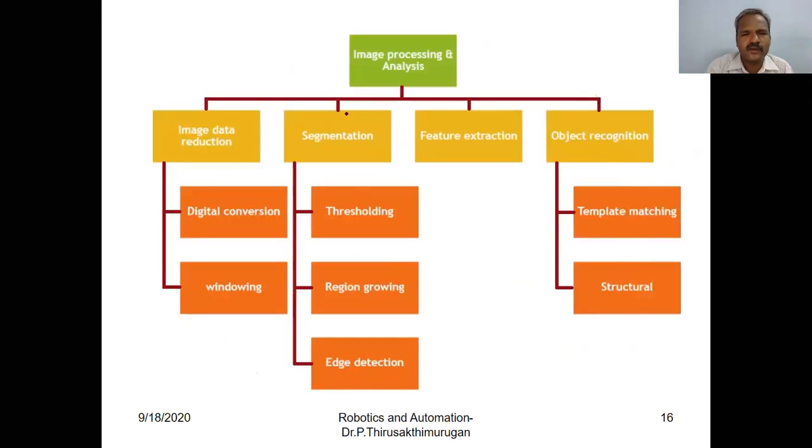So far we have discussed the image data reduction techniques: digital conversion, that is from gray level to binary level. We also solved one problem. It reduces the data volume from gray to binary. Then windowing.